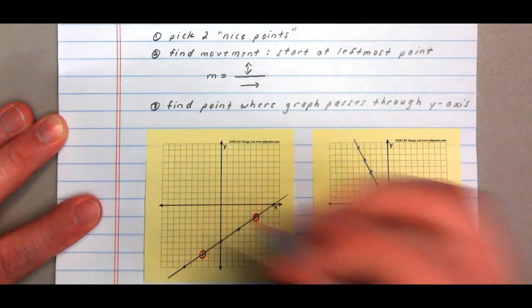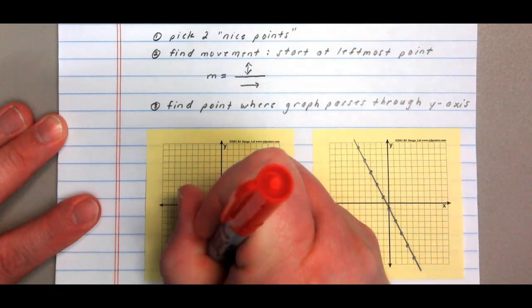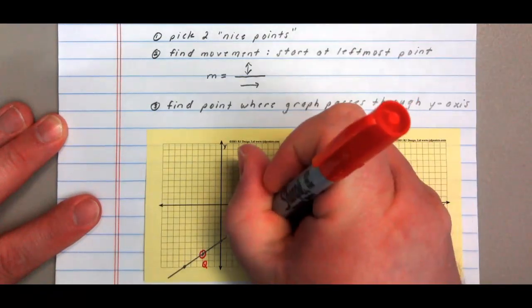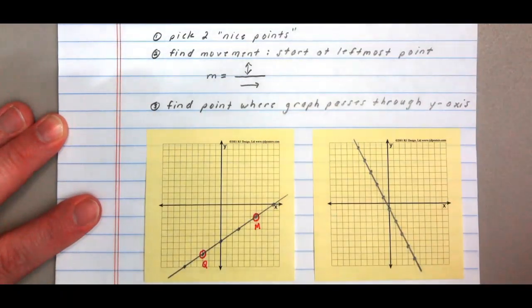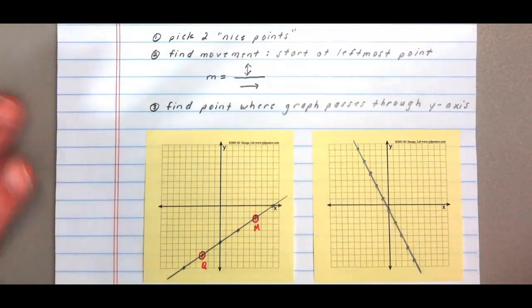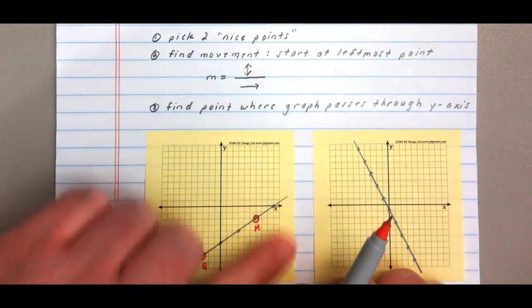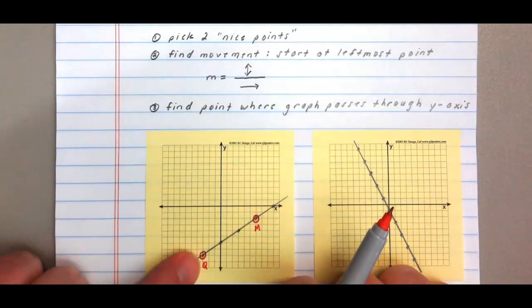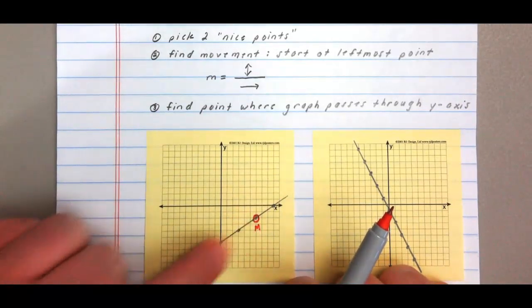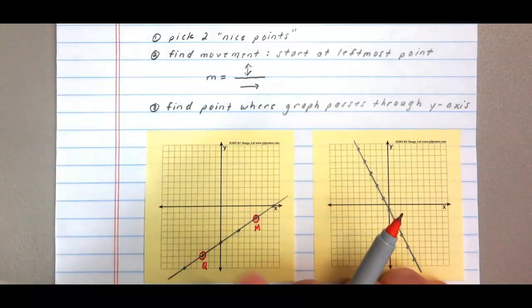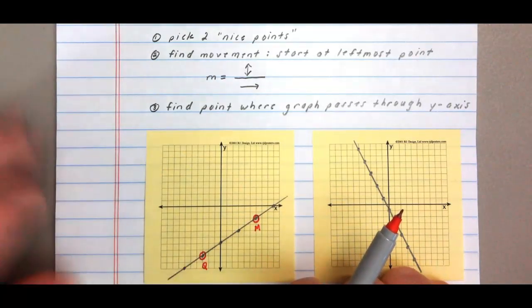And we're going to call this point Q and this point M. What we do in order to figure out the slope, because we need the slope in order to write the equation of this line, is we're going to start at the leftmost point. Well, if we look at this graph, the leftmost point is point Q compared to point M. Q is further to the left-hand side of the graph.